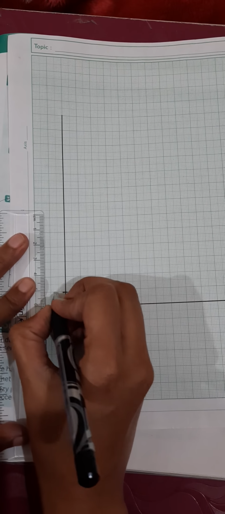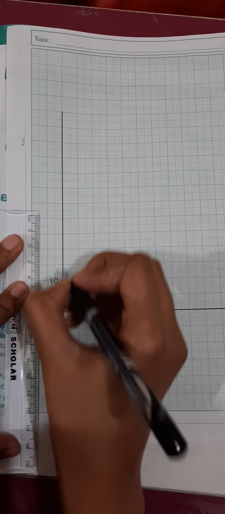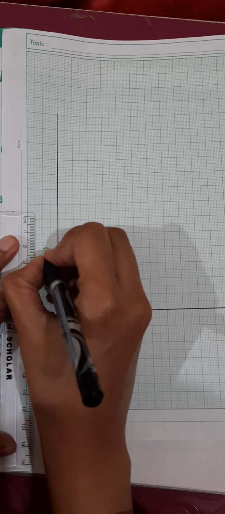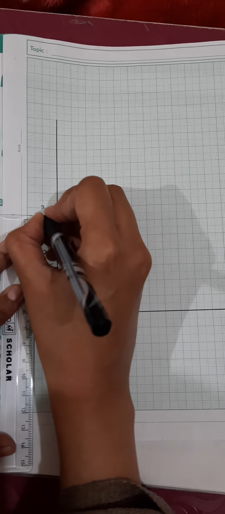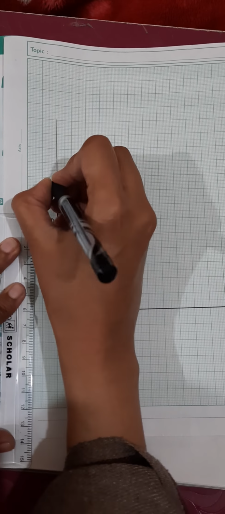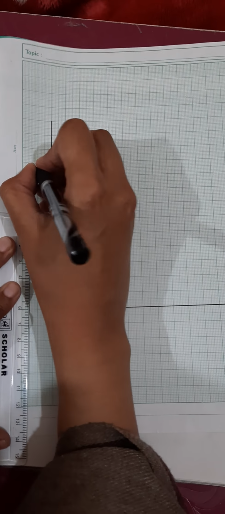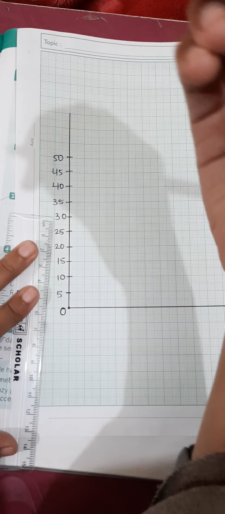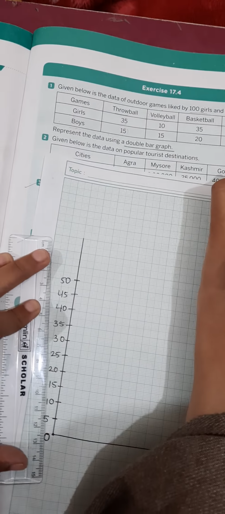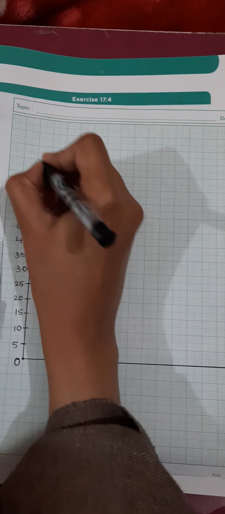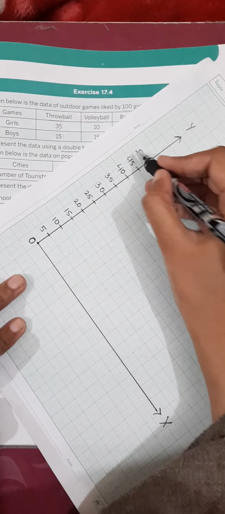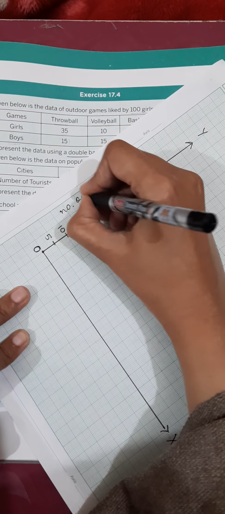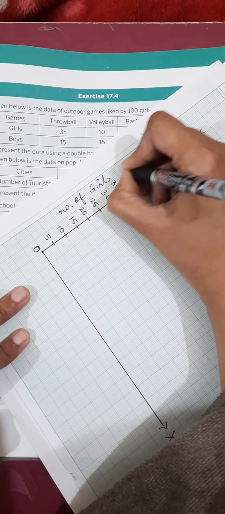Then I'll be taking the difference of 5, 10, 15, 20, 25, 30, 35, 40, 45, 50. If more is required, I can go on, but I guess the maximum number is 50, so I'll be stopping here only. And this is going to be my y-axis. This side is representing the number of girls and boys.